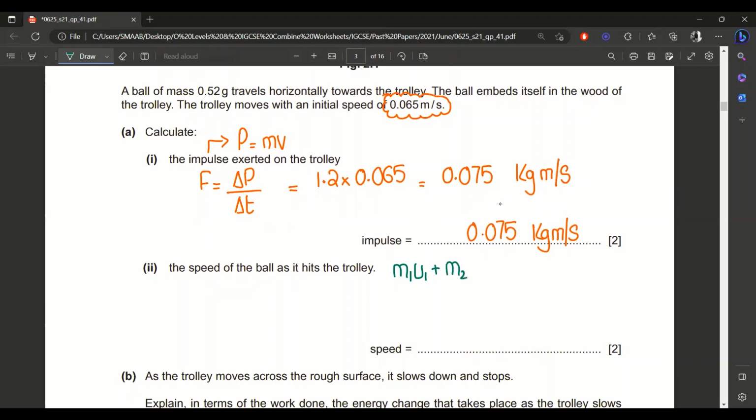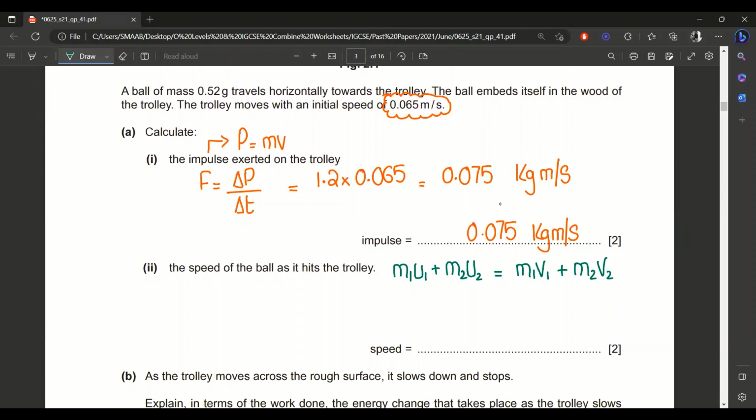So let's suppose we are using u1 for the initial speed of body one and u2 for the initial speed of body 2, that will be equal to mass into velocity after collision, and mass and velocity after collision for the second body. So this is the concept of law of conservation of momentum.